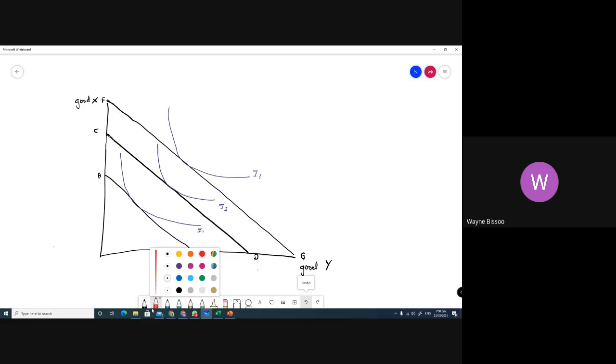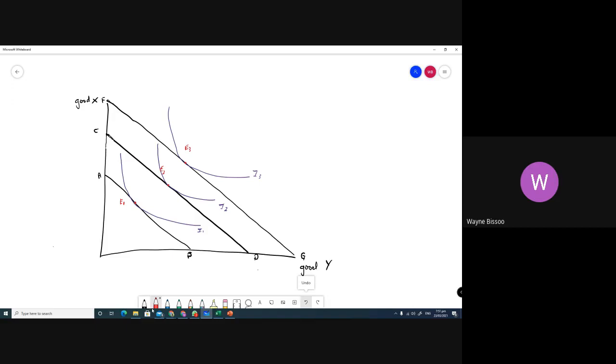All right, so that means we move from this point here, which is one equilibrium point, to another one here, to another one here. We could call this equilibrium point 1, E1. This would be equilibrium point 2, E2, and this would be equilibrium point 3.